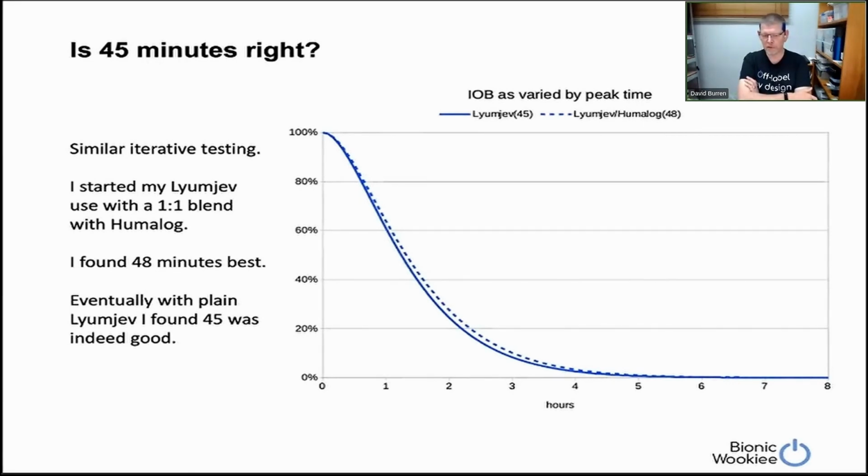And I thought, well, maybe 48 is right for plain Lyumjev as well. Actually turned out that when I got to switch to plain Lyumjev, 45 is actually better. So that slight difference in the accelerant concentration does seem to make a difference. Now, I don't actually know that 48 minutes is the best number. Maybe it's 48 and a half. Maybe it's 49. Maybe it's 47. 48 is pretty close.